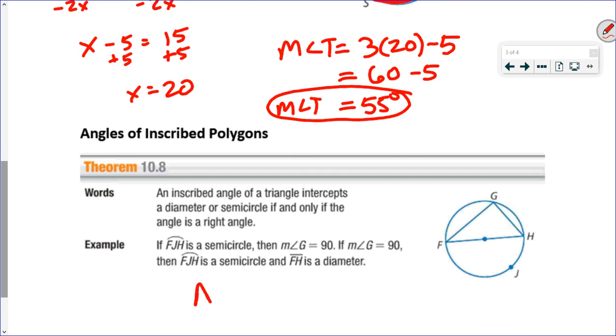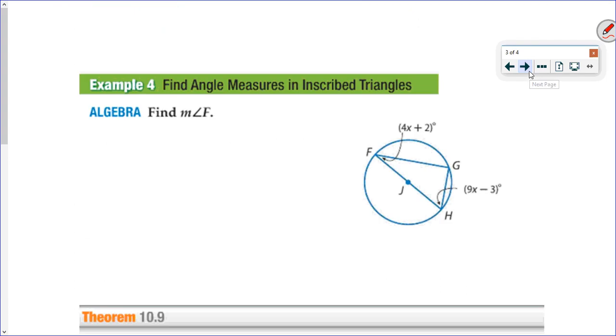This angle G intercepts a diameter, or what we call a semicircle. So that means that angle G, the angle that intercepts the diameter or semicircle, must be a 90-degree angle. So that's how we use theorem 10.8.